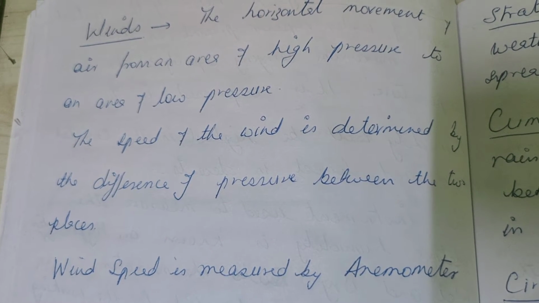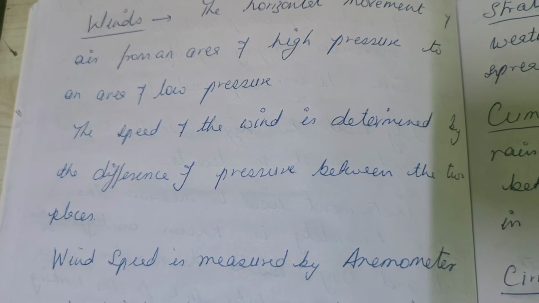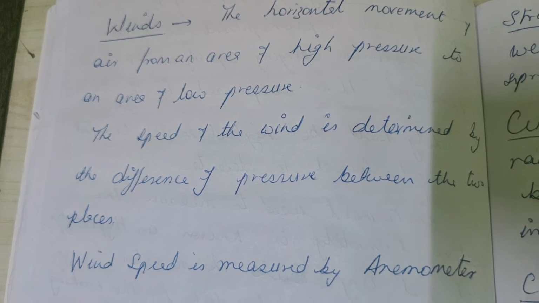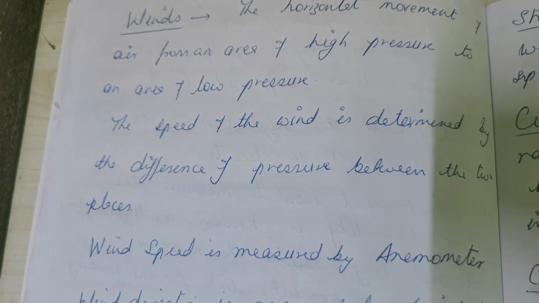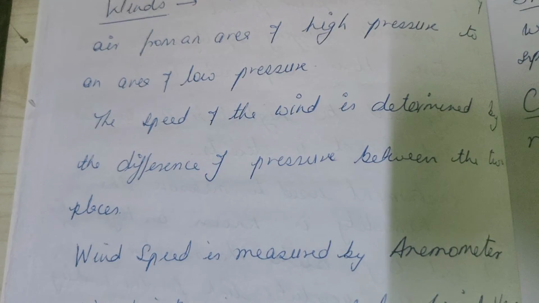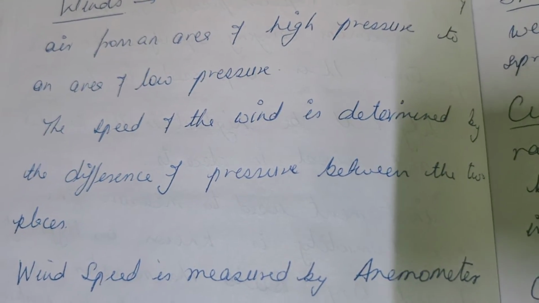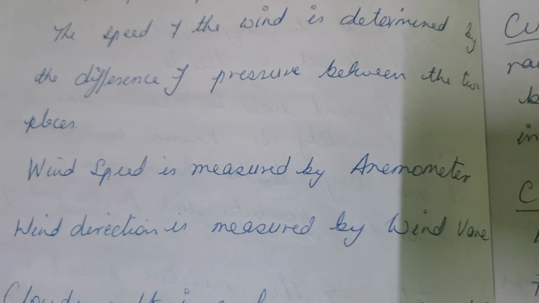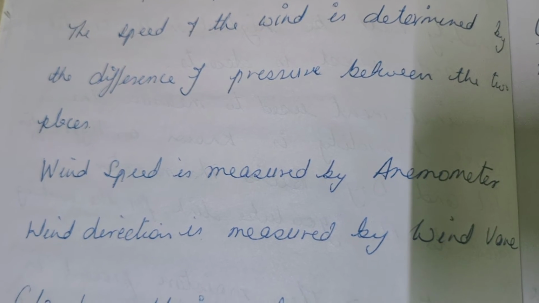And the speed or the force of the wind will depend upon how much difference there is between a high pressure area and a low pressure area. If the difference is more, the wind speed will be more. If the pressure difference is less, wind speed automatically will be less. Wind speed is measured by anemometer and wind direction is measured by a wind vane.